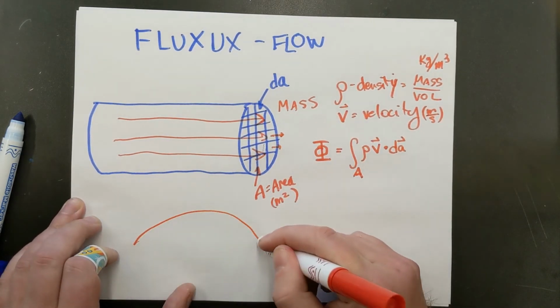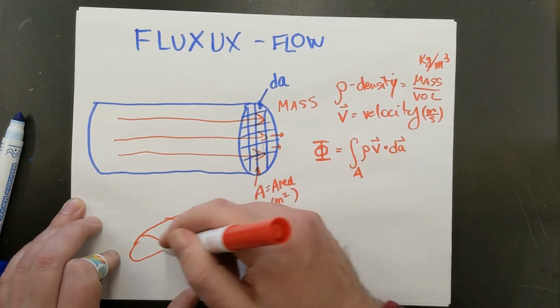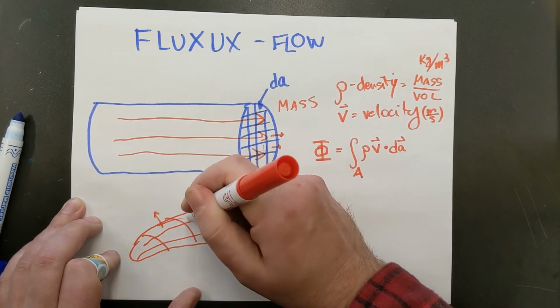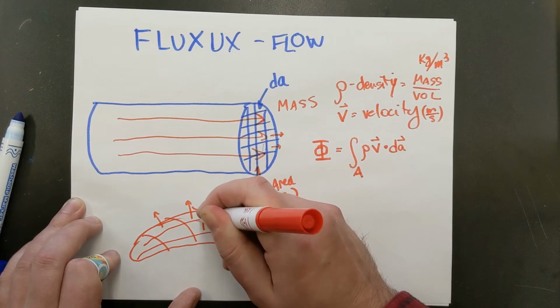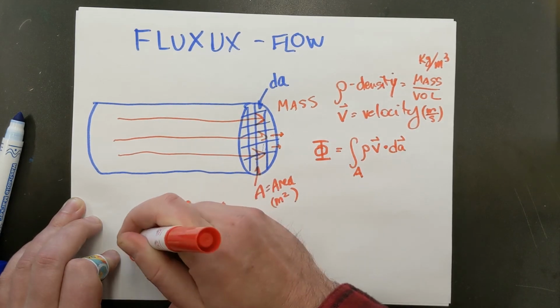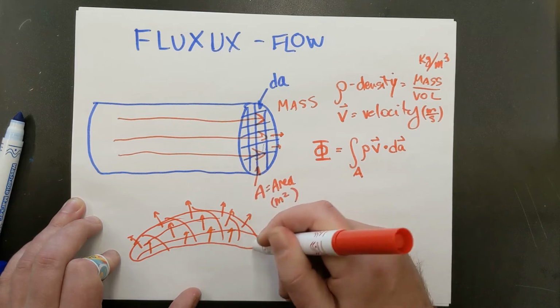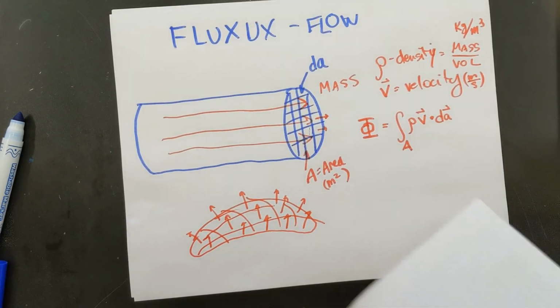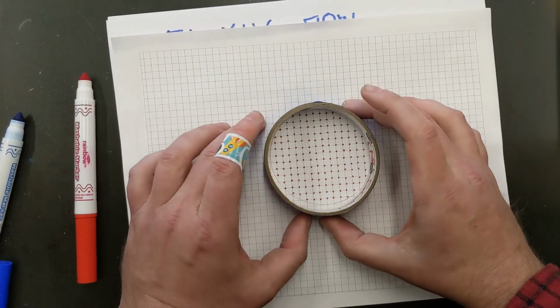So if I had some complicated curved surface here and I broke it up into little curved bits, each of them would have a d area vector pointing perpendicular to itself. And I need to know that when I'm computing flux. Let's take a look at why that's the case. Why does flux depend on this direction? Well, suppose I wanted to know how much vector field is passing through this tape.